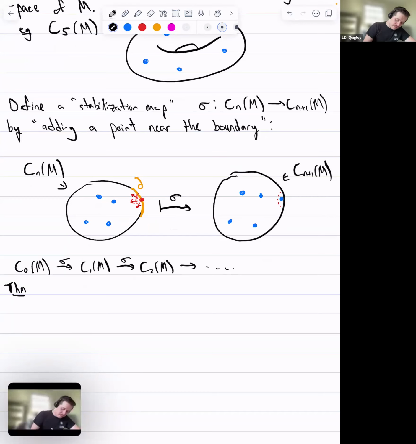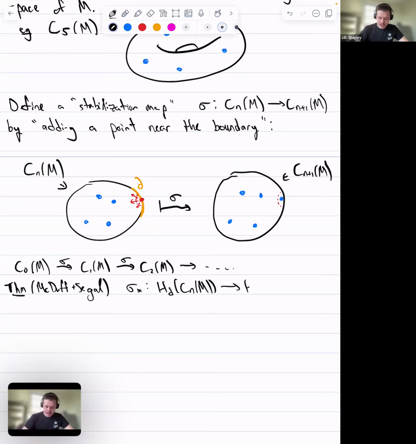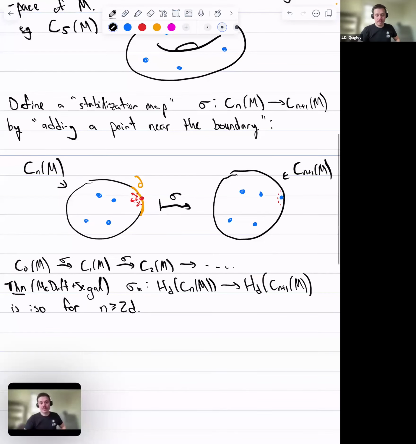And the theorem of McDuff and Segal is that the induced map in homology, sigma star, from H_d of C_n of M to H_d of C_{n+1} of M is an isomorphism for n greater than or equal to 2d. Okay, so we get the same stability range as we had from Nakaoka's result.